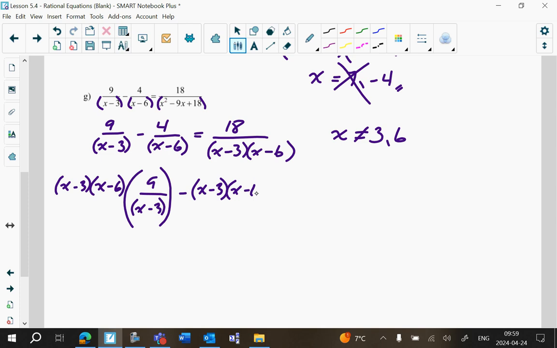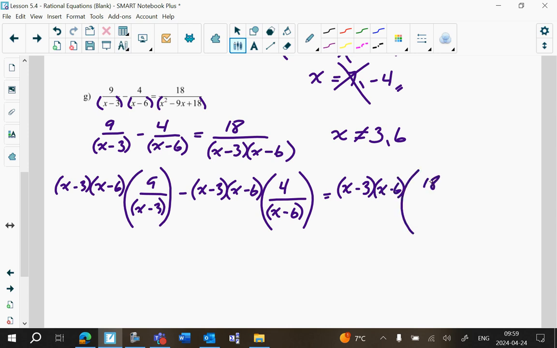Once you get past this one, the nice thing is, it looks like I'm not going to have a quadratic in this case.